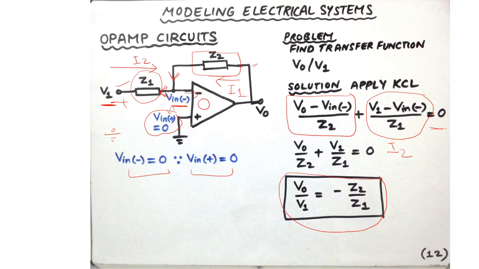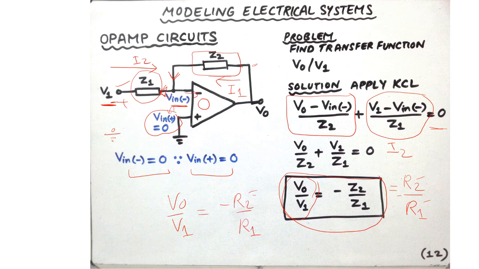So for example, if Z2 is some resistance R2 and Z1 is also some resistance R1, then the ratio of the two resistances provides the amplified gain, because V0 over V1 is minus R2 over R1.